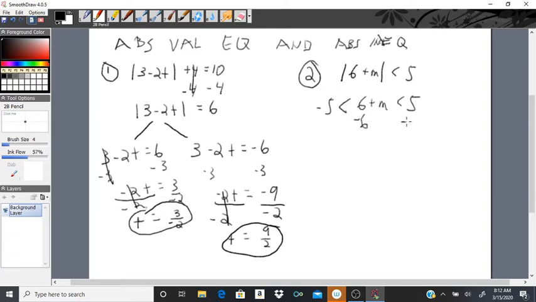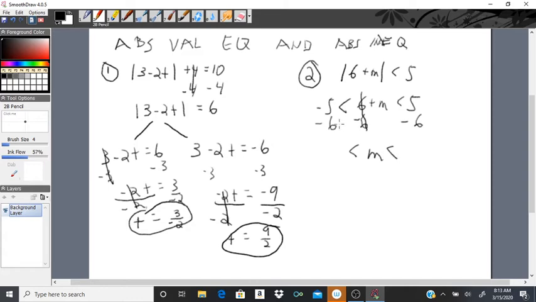Whatever I do to the middle, I do to the right flank and to the left flank. This will be gone. It'll get me m. I did not multiply or divide by a negative number. I only did minus 6. I just added a negative 6. That's okay. Leave the signs alone.